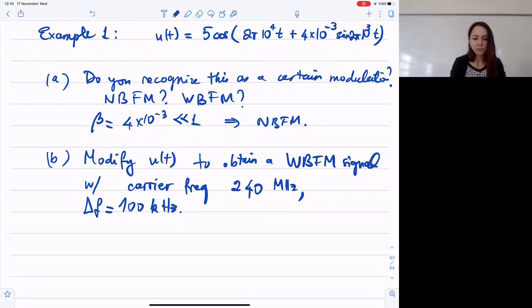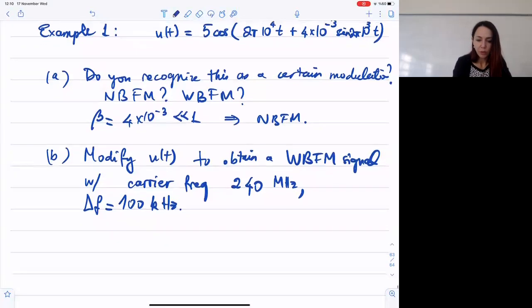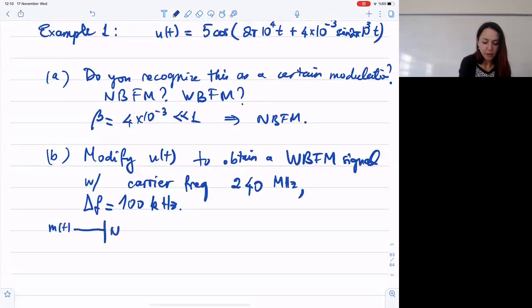Using an angle modulator. Design a system that takes m of t coming in, which has been narrowband FM modulated with a center frequency.